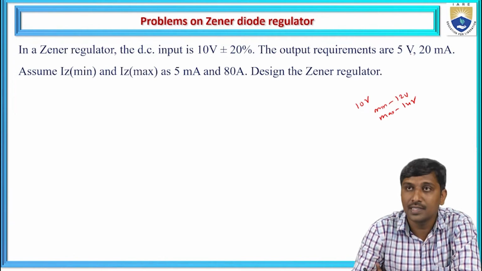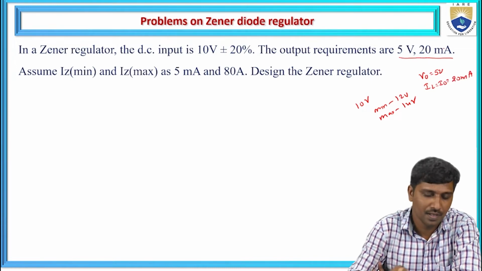The output requirements are 5 volts and 20 milliamperes. So V0 is 5 volts and the load current I0 is 20 milliamperes.